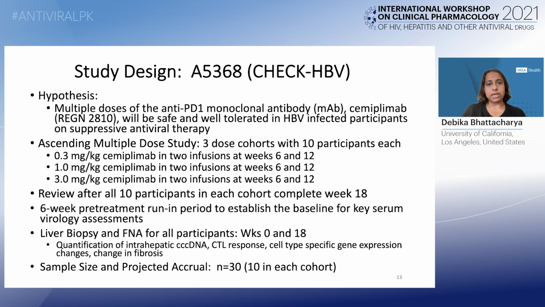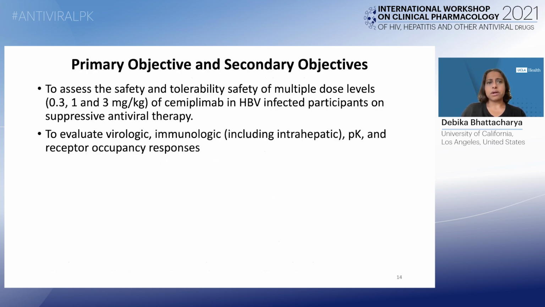We'll be enrolling 30 individuals in this study. The primary objective is to assess the safety and tolerability of multiple dose levels, but we'll also be evaluating virologic and immunologic, including intrahepatic markers, PK, and receptor occupancy responses.